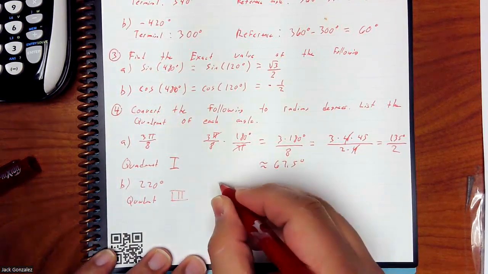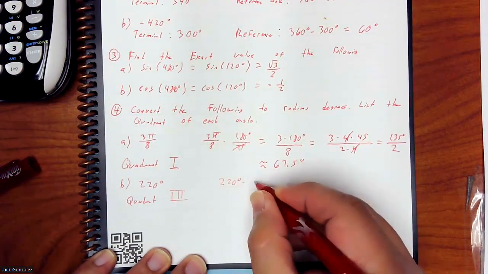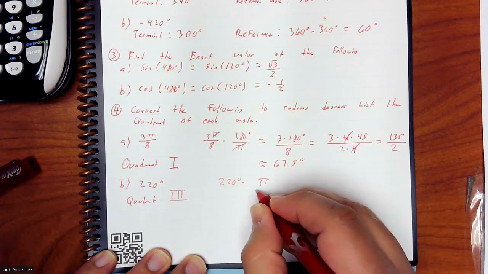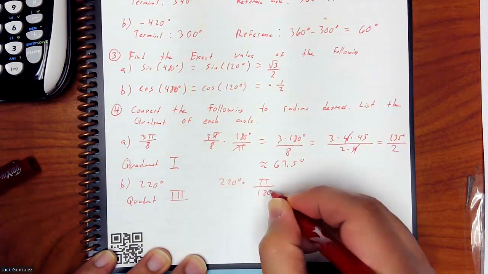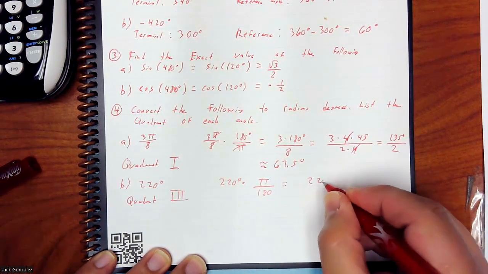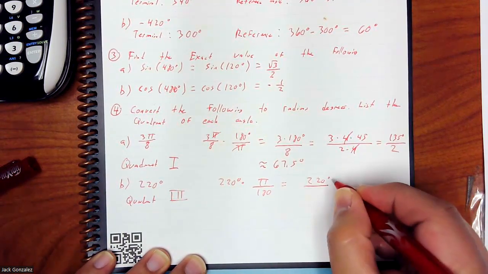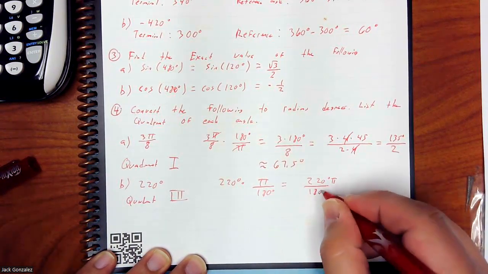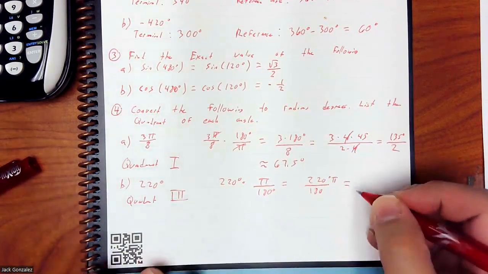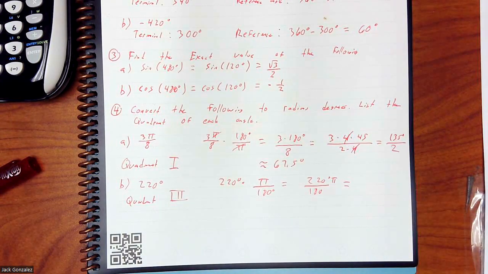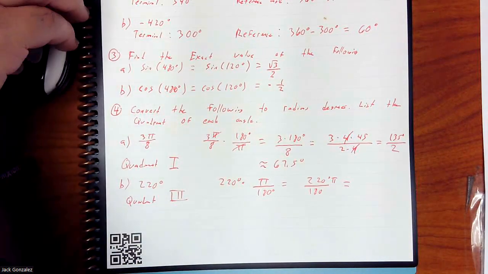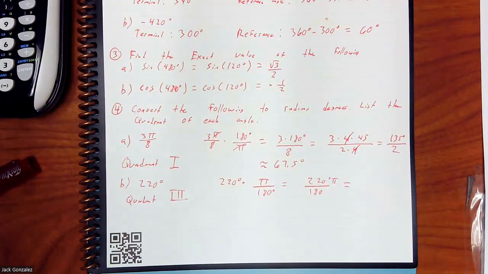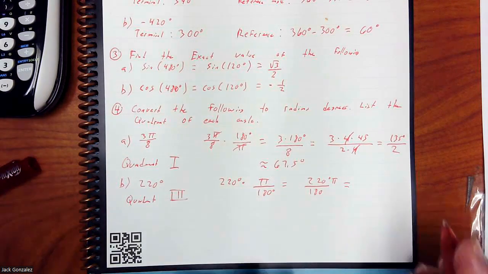Okay, now the work that you would show multiplied by pi over 180. So that would be 220 pi over 180. What does that reduce to? This one you should leave as a fraction. 11 over 9? I think you're right.